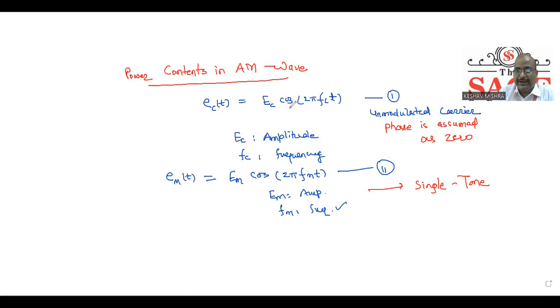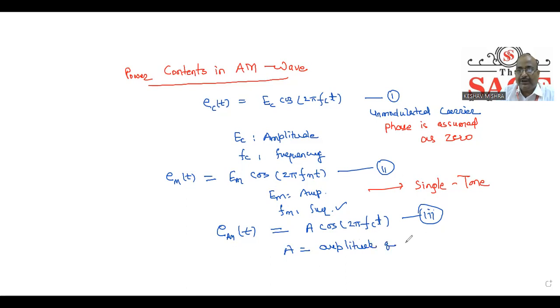So we are going to produce an amplitude modulated signal using one unmodulated carrier signal, given by equation 1, and another signal, the modulating signal. Suppose the third waveform, representing the amplitude modulated signal, is given by A cos 2 pi fc t. This A is the amplitude of the modulated signal.